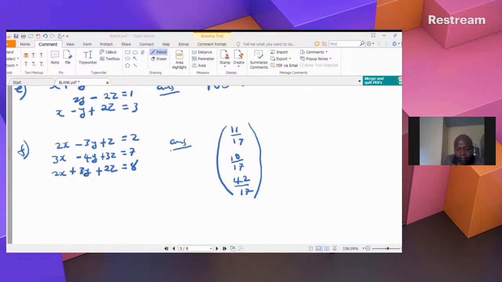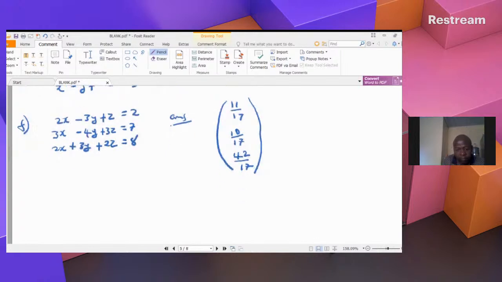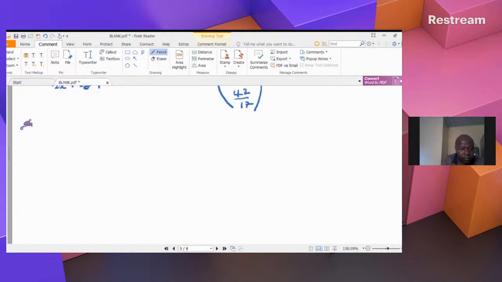And the last question. a plus 2b plus z is 2, no, it's 3a plus 2b minus c, suppose minus c, because I'm transferring the wrong things here. 3a plus 2b minus c is 1.